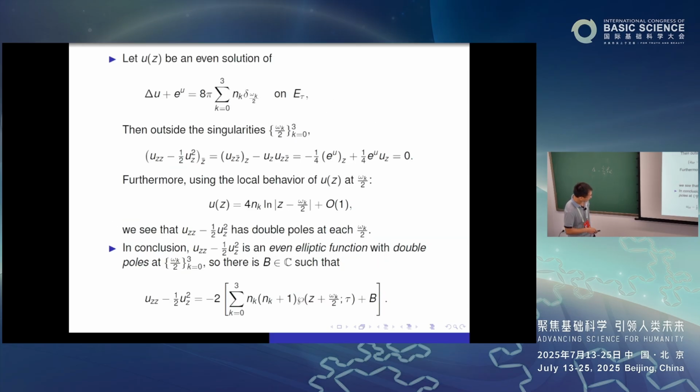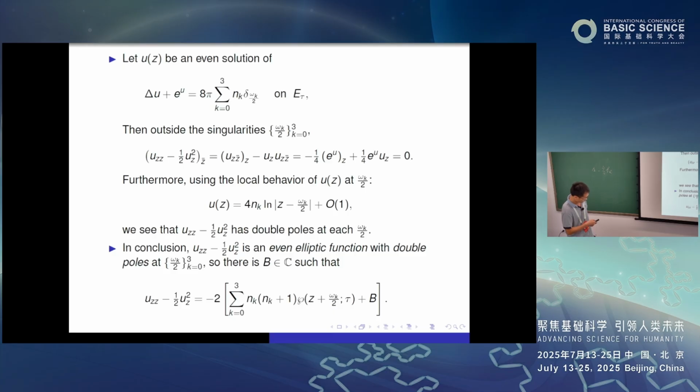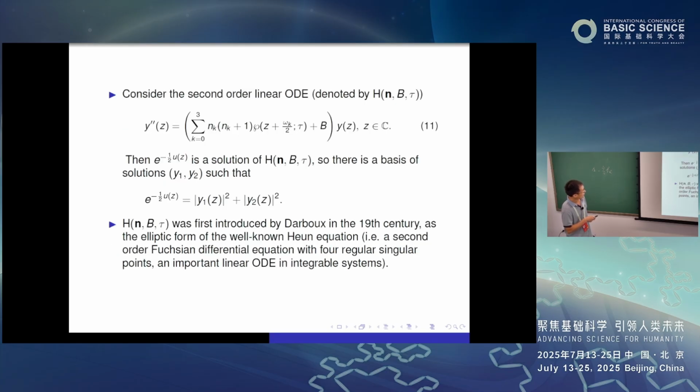We consider this part as a potential function and consider the corresponding second order linear ODE, where we consider the complex variable. Then from here you know that e to the minus 1/2 u_z is a solution of this ODE. So there will be a basis of solutions y1, y2 such that this function can be expressed in this way, because this one is positive.